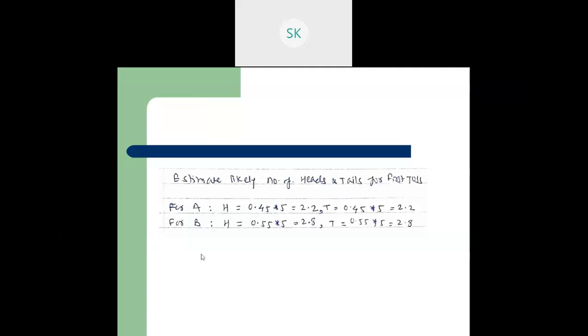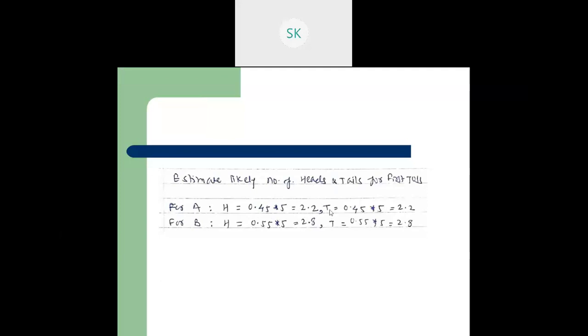For A, the total number of heads is equal to the probability of the first coin A, that is 0.45, into 5 heads, and this result is 2.2.